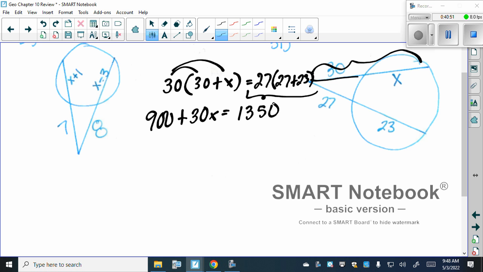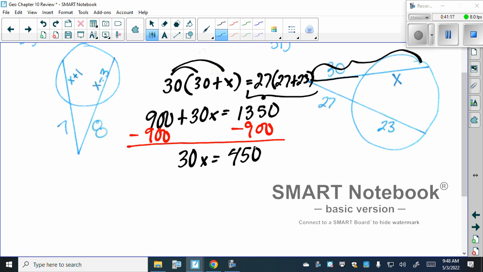Or we can just type it in the calculator. We couldn't type the other side in because it had a variable. But 27 times 27 plus 23, all numbers. Plug it in. Yes. Which will tell us that 30x is equal to 450.